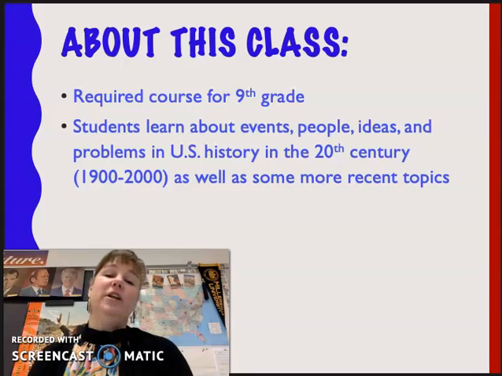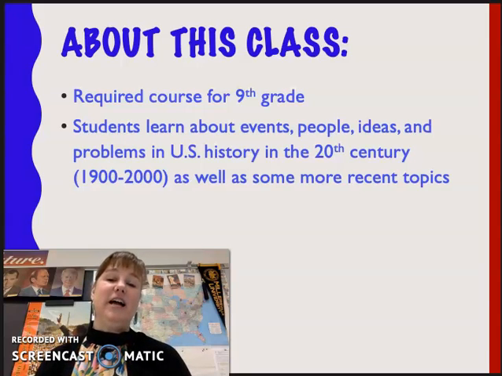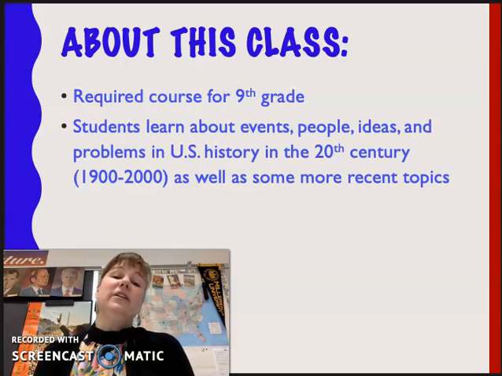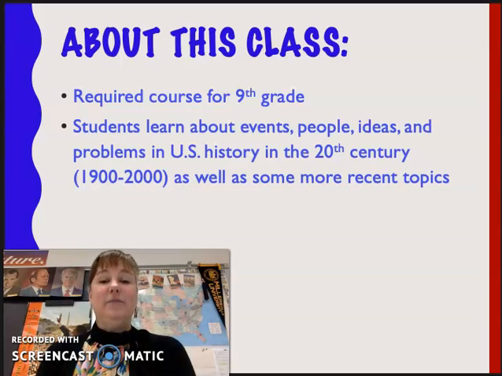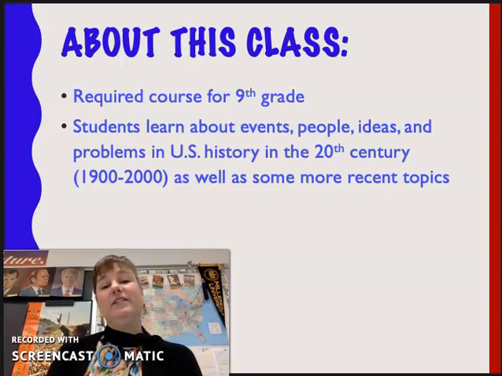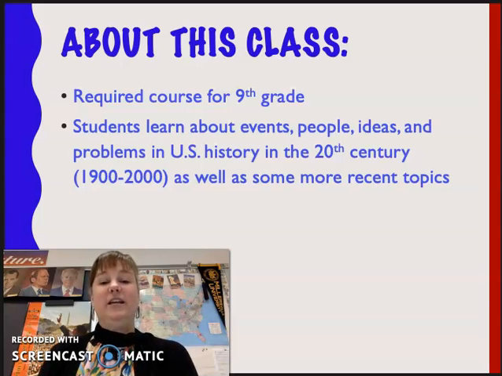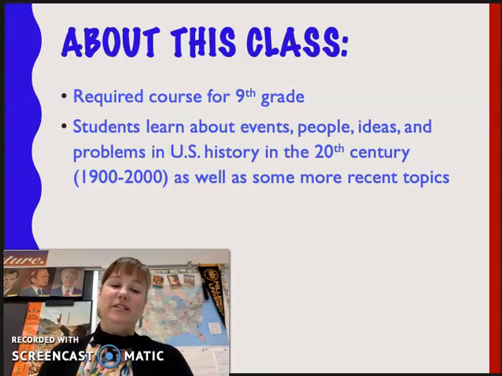So that's just one of many examples of how I try to tie in past and present events, primarily so that students can see that there is a connection between the world that we live in today and the things that happened in the past, and how those past events influence the present, and how we can learn from the past in the present as we make decisions.